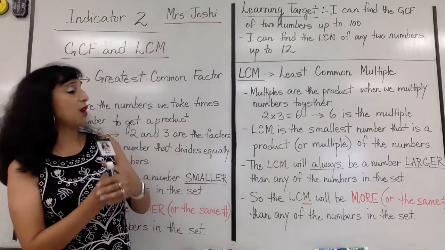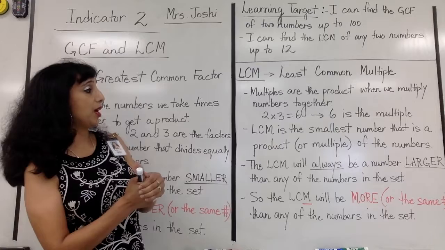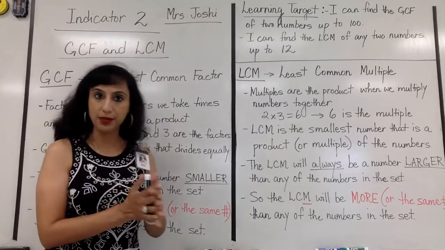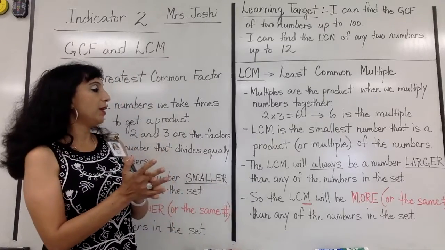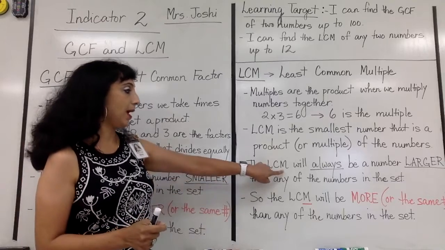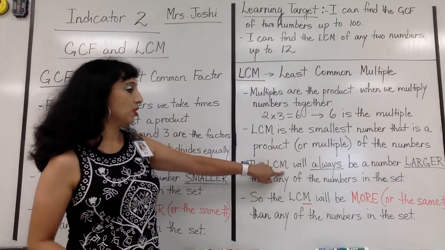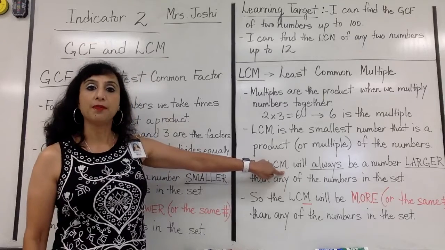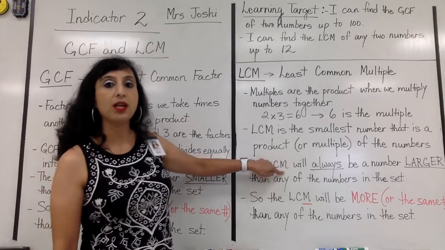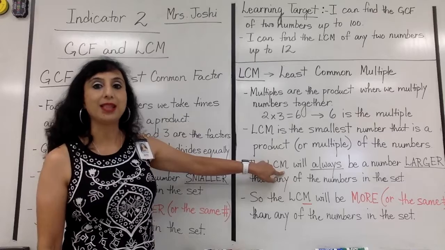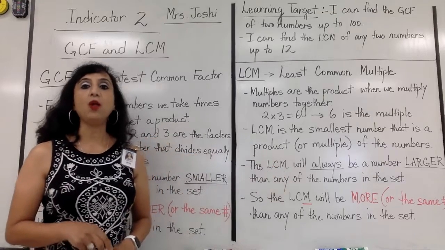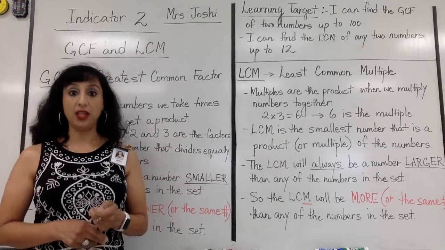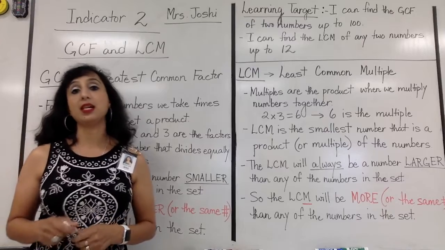LCM is the smallest number that is a product or the multiple of the numbers. And another thing, please remember the LCM part, because that means the answer is going to be more or the same number than any of the numbers in the set. So the LCM will always be a number larger than any of the numbers in the set.